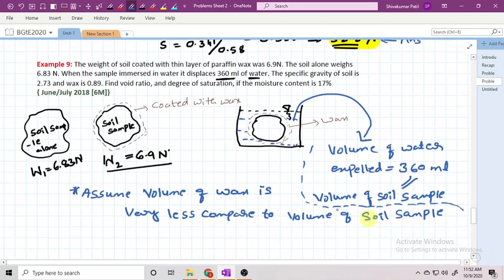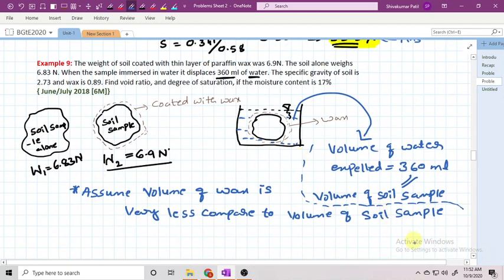This is one assumption, because you see, compared to your soil sample, the wax volume is very negligible.